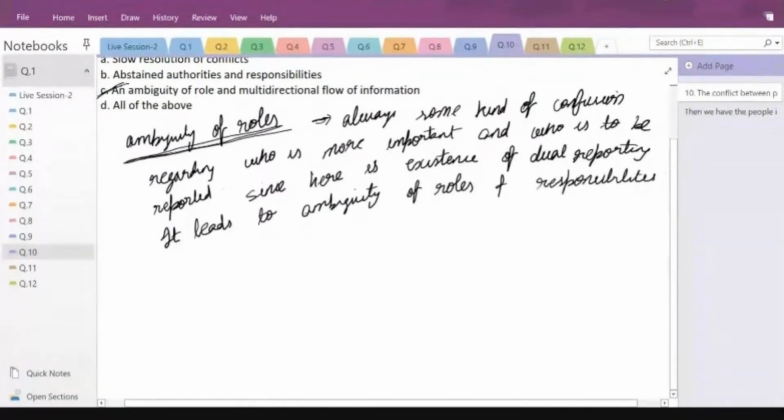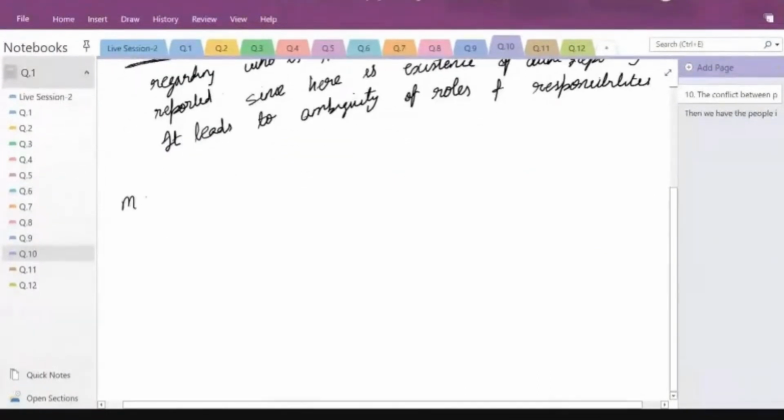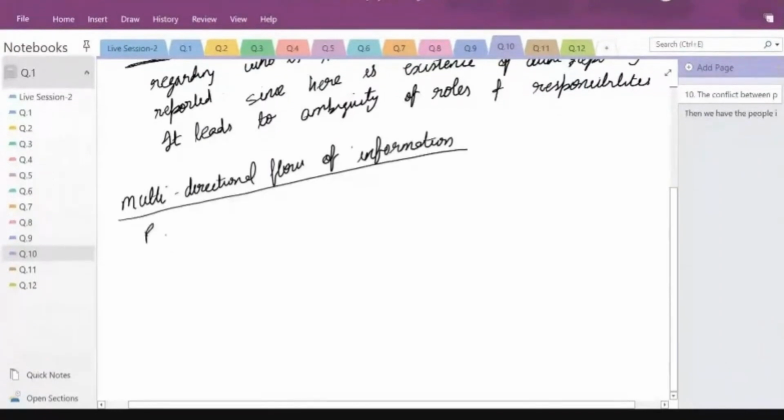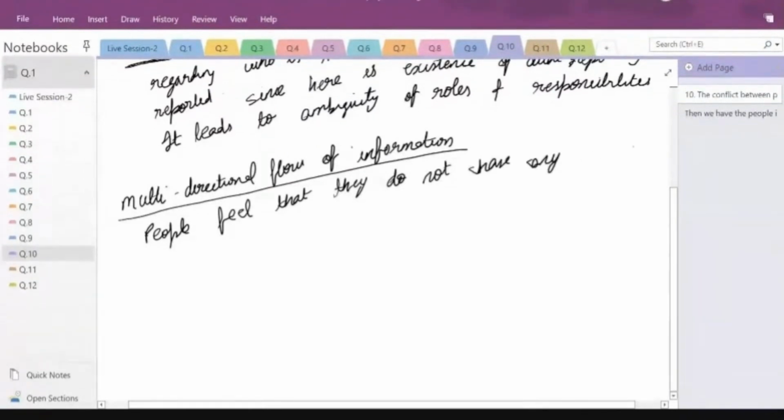Okay. Next, what do we mean by multidirectional flow of information? Here, people feel that they do not have any control over the situation.